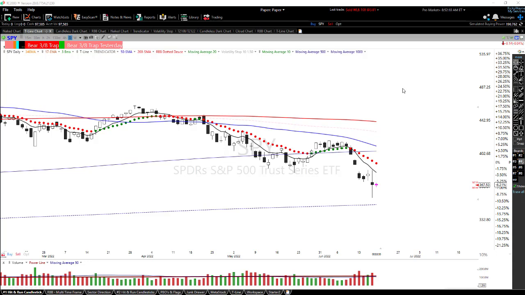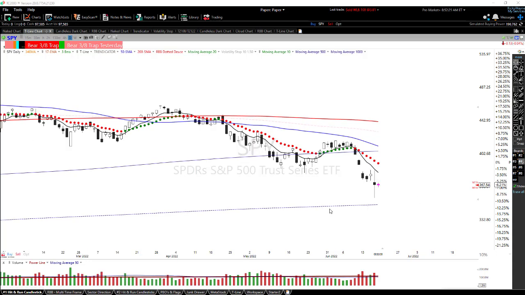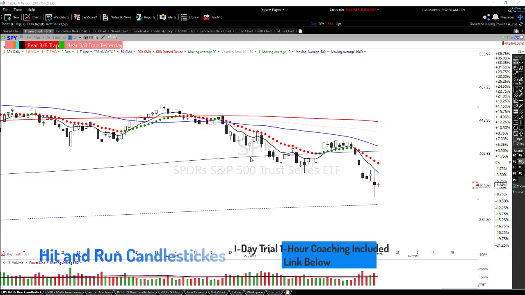I'm going to go over my chart a little bit for somebody that doesn't know. We'll work from the bottom up. This dotted line is the 1,000 period moving average. This second line right here, the both blue, one dotted, one solid, is the 500 period moving average.